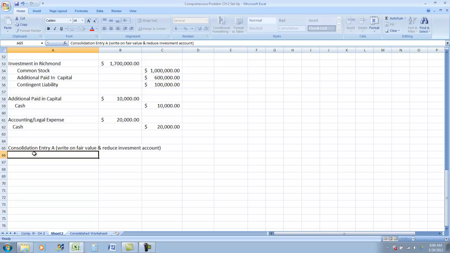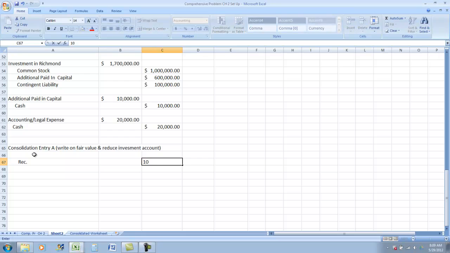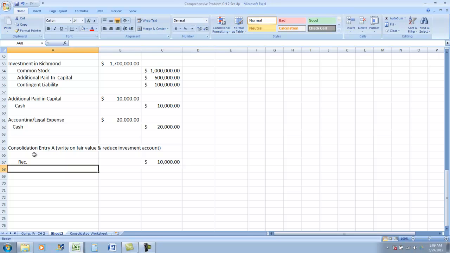At the end of our consolidation, the investment account should be 0. So our receivable, since it was a negative, we're going to have to make a receivable a negative. It was below, fair value was below book value. We'll have to put that as a credit.